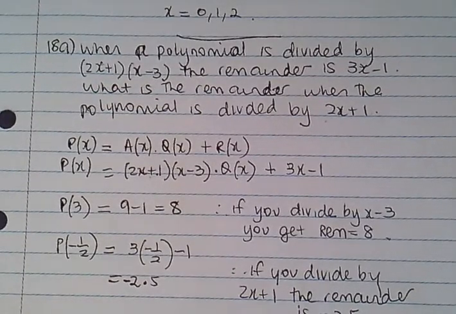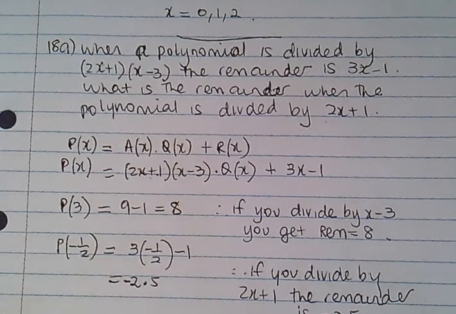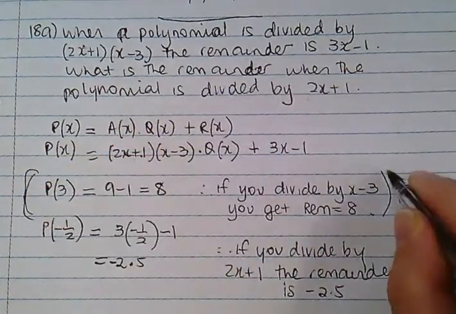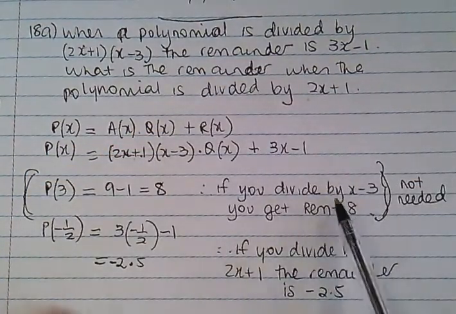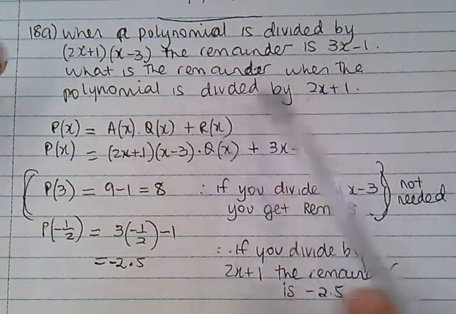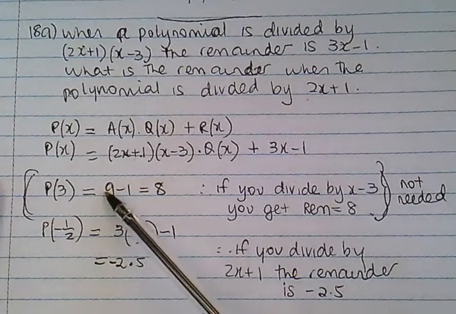You know how if you are dividing by x minus 2, you put p of 2 in and it gives you the remainder when you divide by x minus 2. Remember? I didn't need to do that. I just did it. I would do that if they said what is the remainder when the polynomial is divided by x minus 3, I would have done this one.